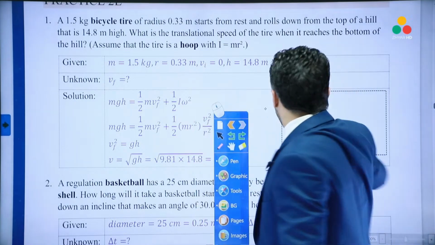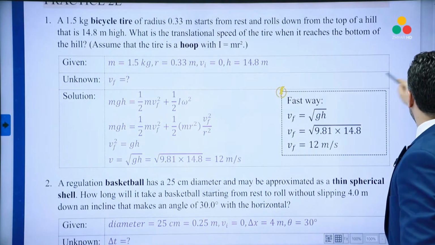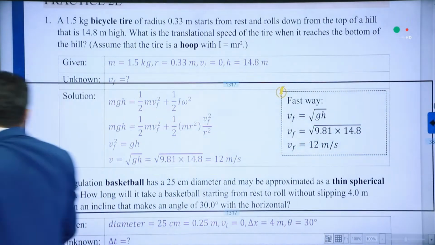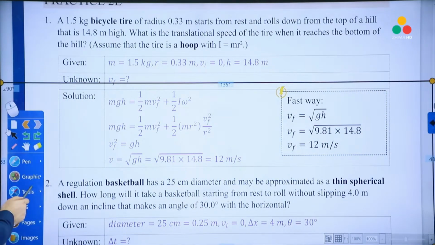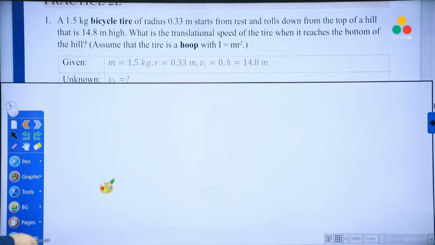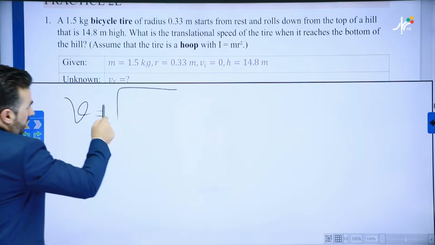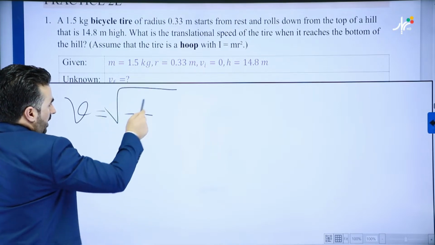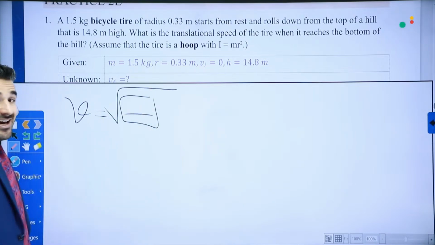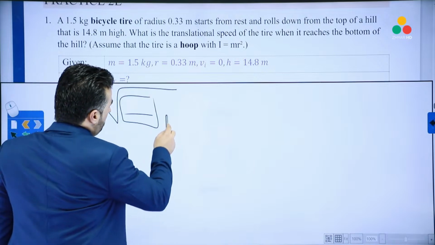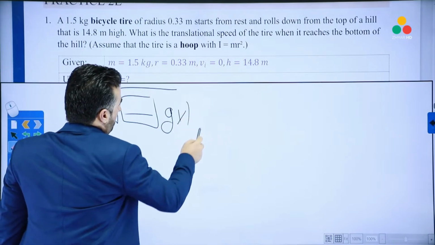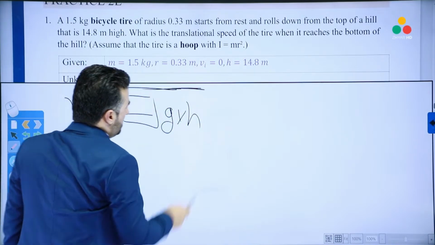Let's do this one as well. Remember, we can do all this in one step, right? So we said the translational speed at the bottom will equal the square root of, we need a factor here, a fraction, multiplied by gravitational acceleration times the height, yeah?